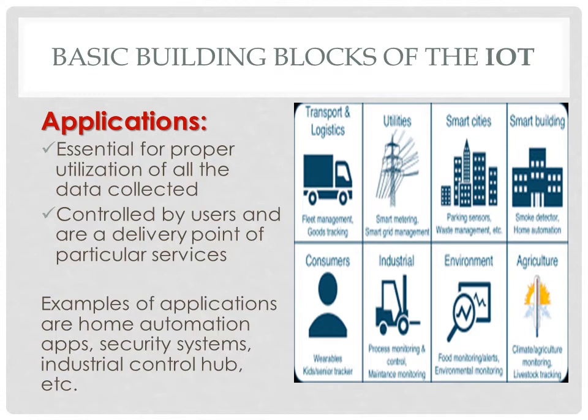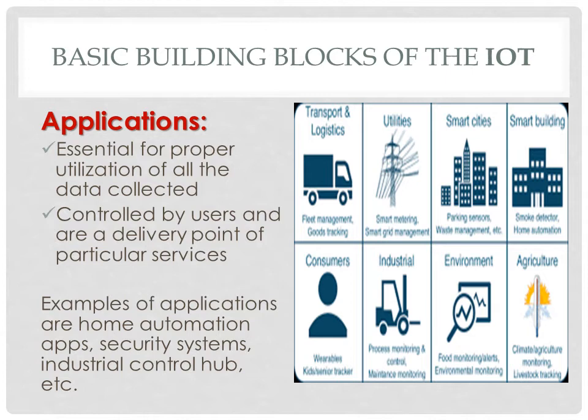Next is applications. Applications form another end of an IoT system. Applications are essential for proper utilization of the data collected. These are cloud-based applications, which are responsible for rendering effective meaning to the data.